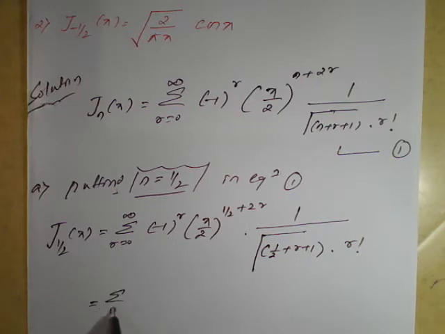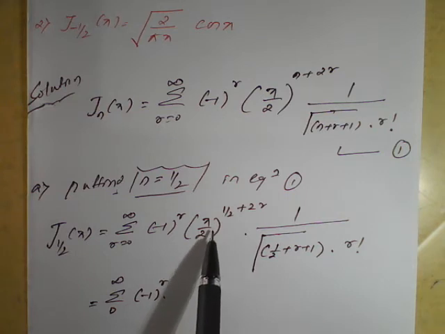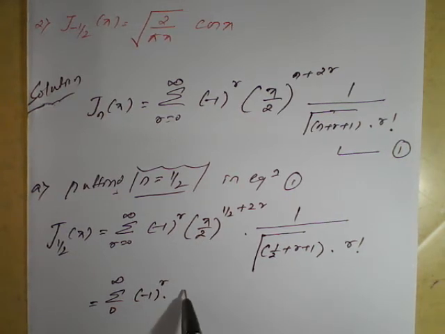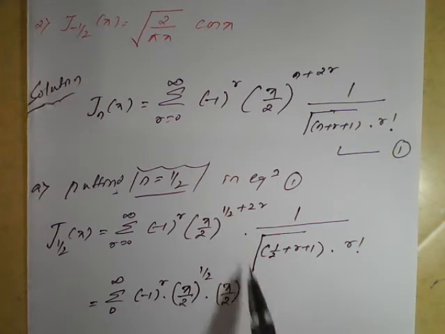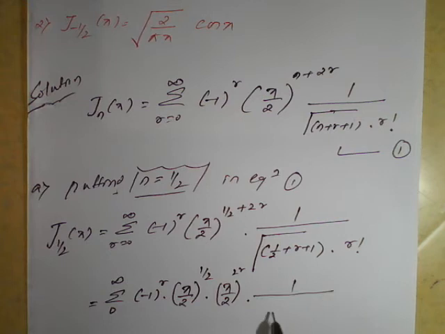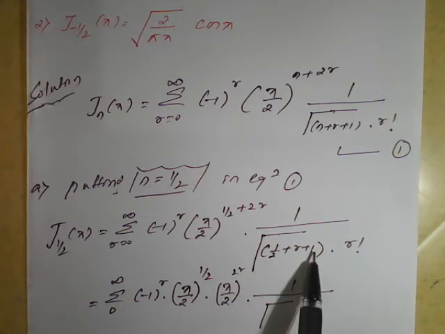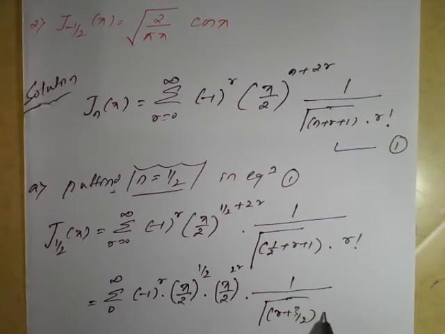Simplification: summation 0 to infinity, minus 1 raised to r as it is. Now I want to separate this, so I will write x upon 2 raised to 1 by 2 into x upon 2 raised to 2r, into 1 divided by gamma of 1 by 2 plus r plus 1. So I can write gamma of r plus 3 by 2, into r factorial.